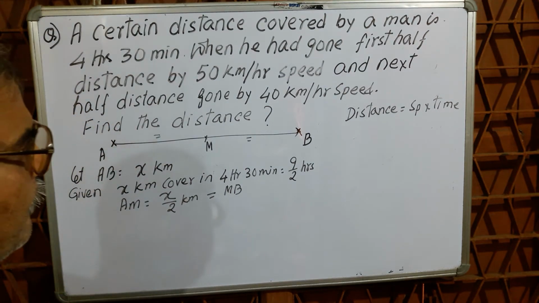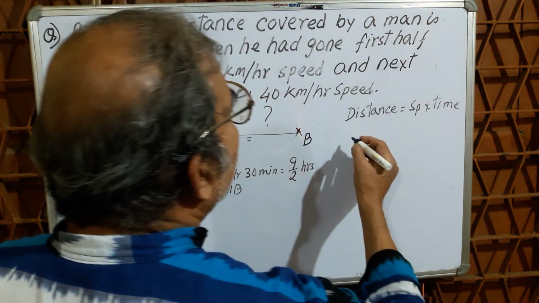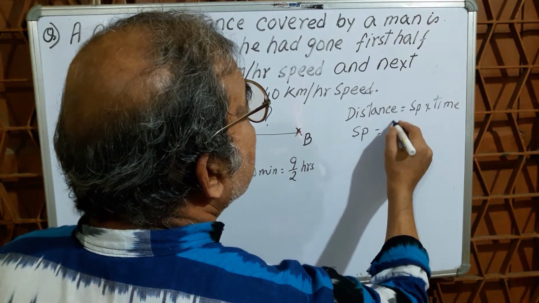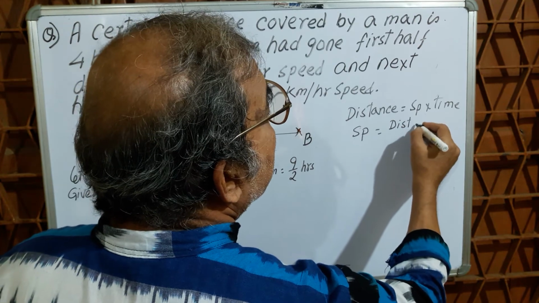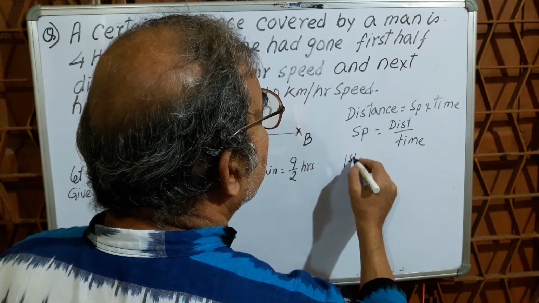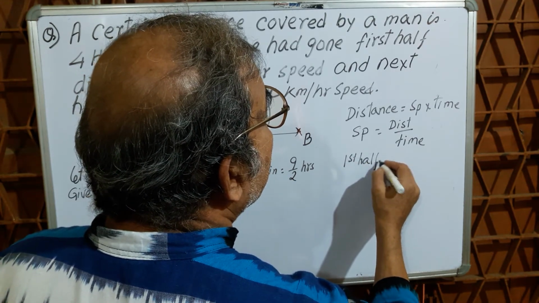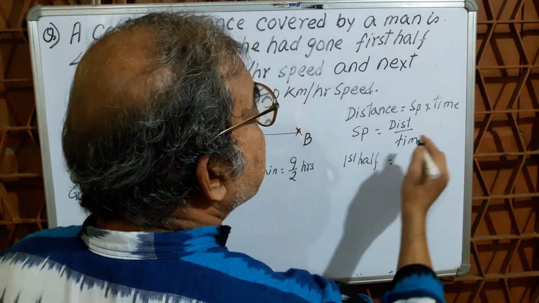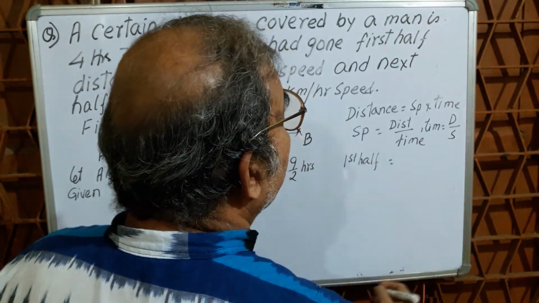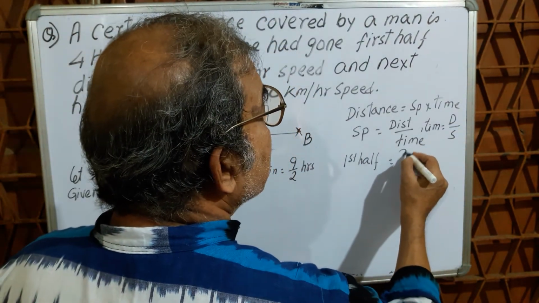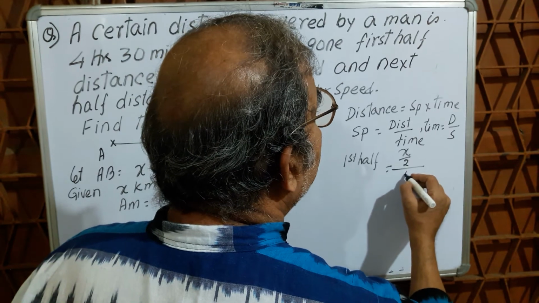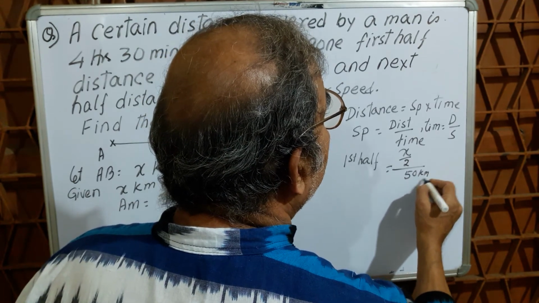What to do? First see, speed is equal to distance by time, so time equal to distance by speed, time equal to d by s. First half distance covered is x by 2 and speed is 50 kilometer per hour.